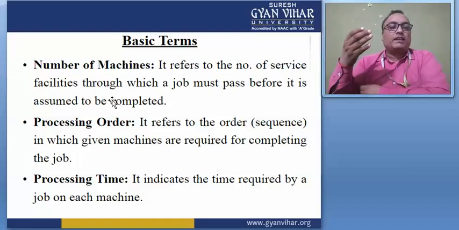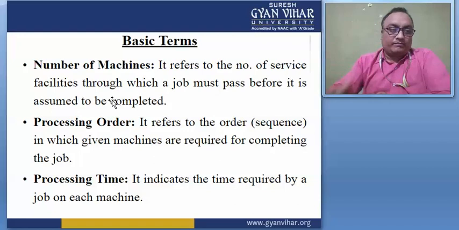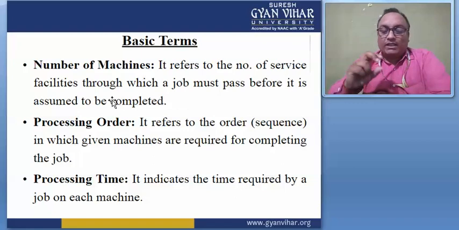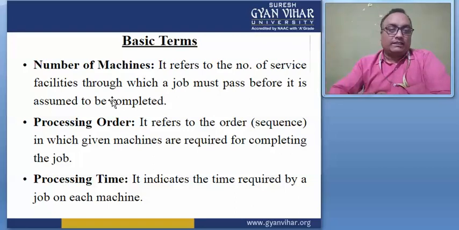Processing order means it gives one order to do the work in minimum time, and processing time indicates how much time is taken to complete one job on each machine, right? This is the processing time.